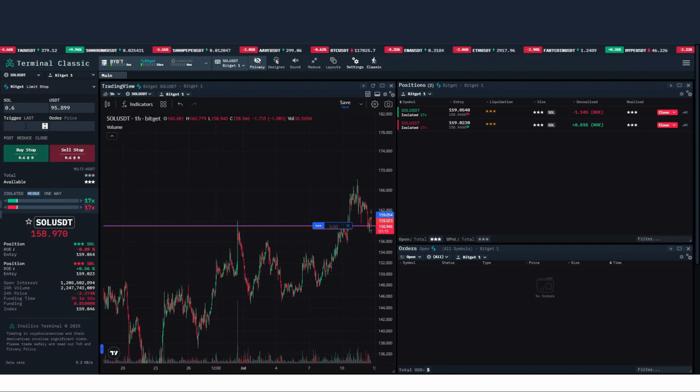Let's say I really think Solana needs to move above 162 to confirm to me that it's bullish, but I want to be a little bit cheeky and get my limit order filled at 160. So this is basically saying, the long trigger is here, but I bet there'll be more volatility. I bet it'll retest 160 so I can get filled here. I use this actually all the time.